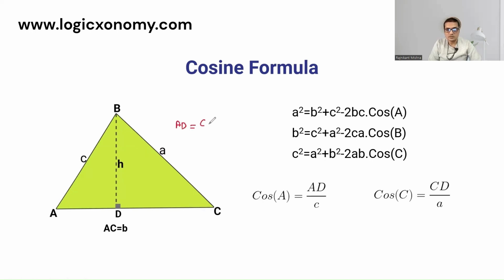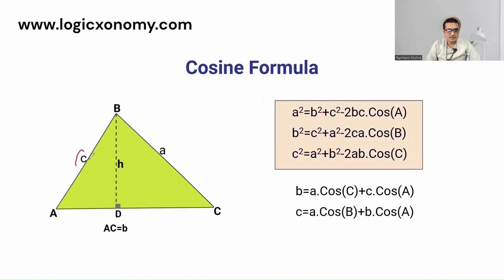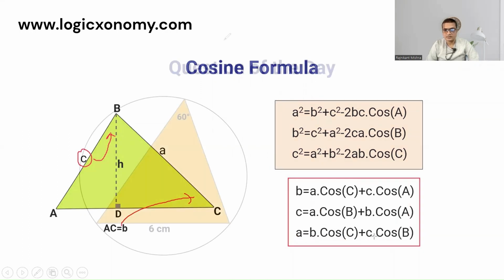So AD is equal to c cos A, and CD is equal to a cos C. If you add these two equations, AD plus CD is equal to AC, and AC is equal to b, so the result is b is equal to a cos C plus c cos A. Similarly, c is equal to a cos B plus b cos A, and a is equal to c cos B plus b cos C. This is another set of cosine formulas.